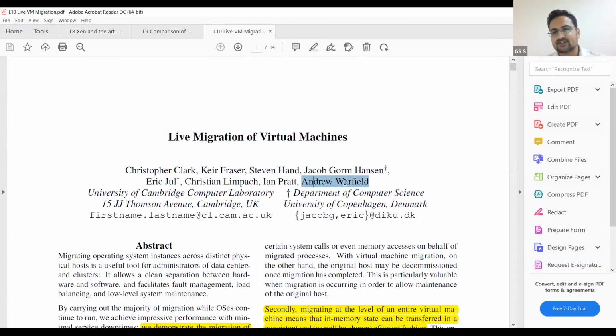I hope you remember these names who developed Xen. The same team collaborated with them and created live migration of virtual machines. Now, how do you migrate virtual machines in such minimal time is what they have done.